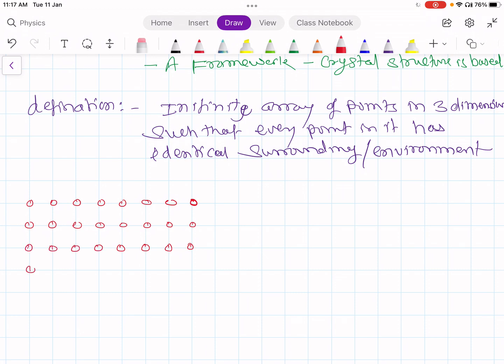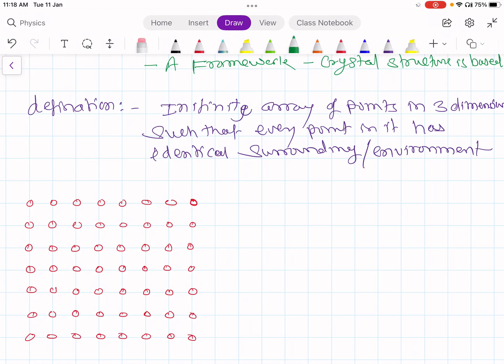So here it is an infinite array of points in two dimensions. And we have to show that every point in it has identical surroundings.